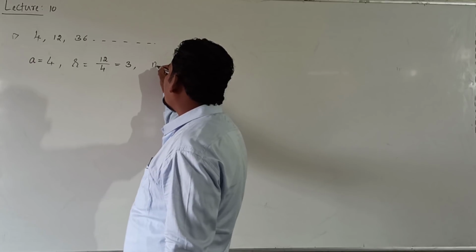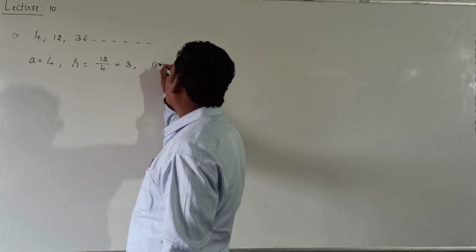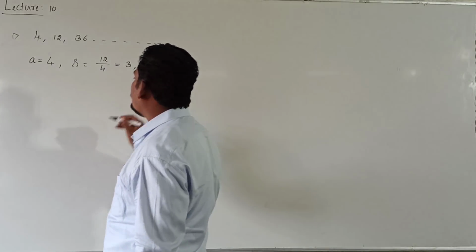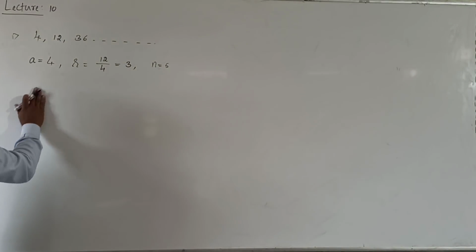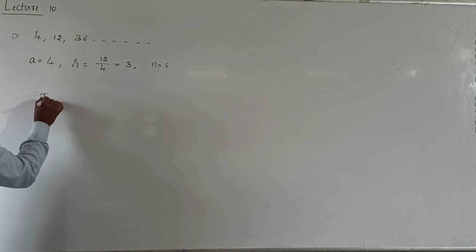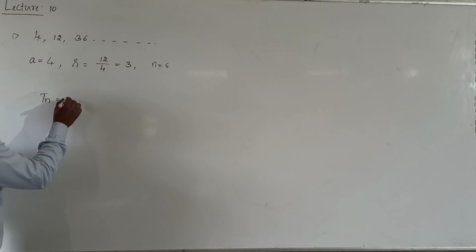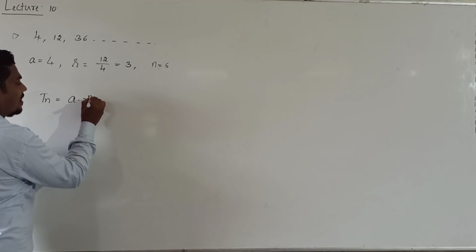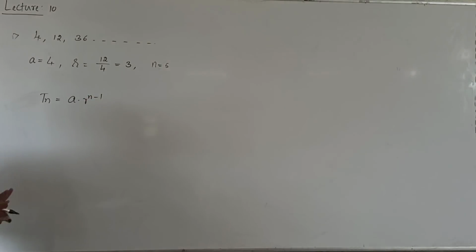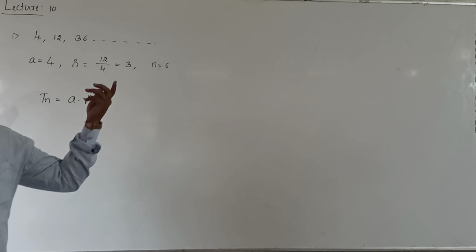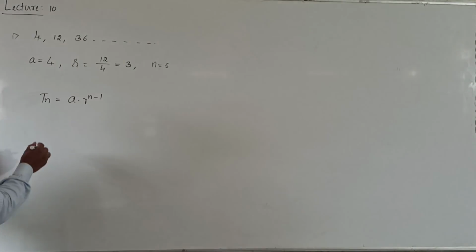Then we need to find the fifth term, T5, means n equal to 5. First write the nth term formula. Tn is equal to A into R power n minus 1. So take n value 5.